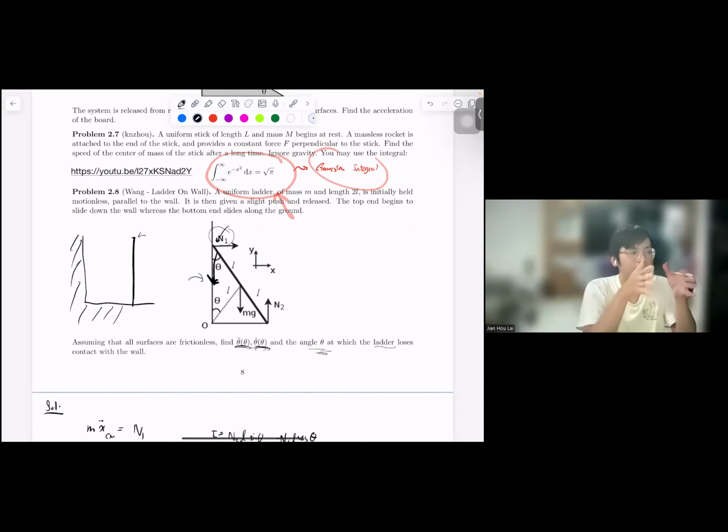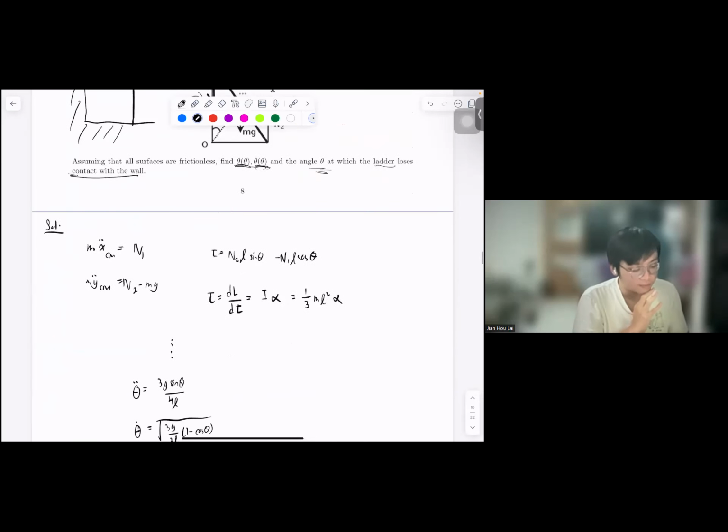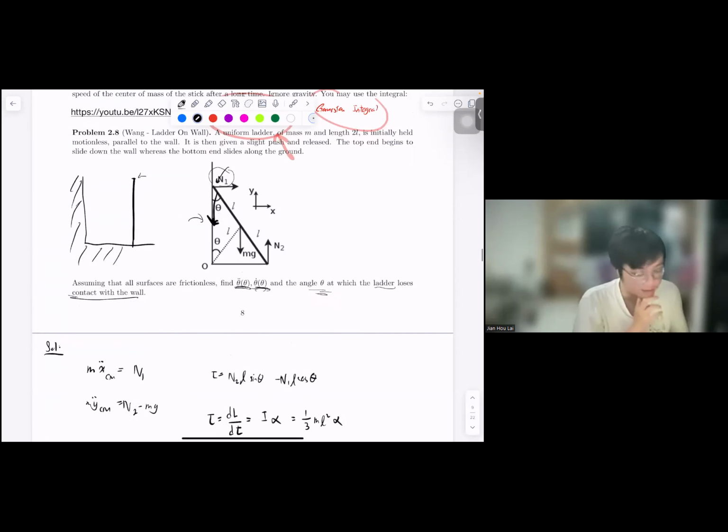At some point you lose contact with the wall, and what is the angle? But it's still considered a simple problem.